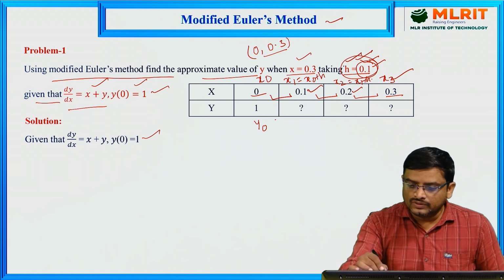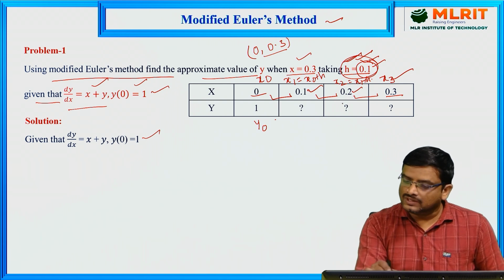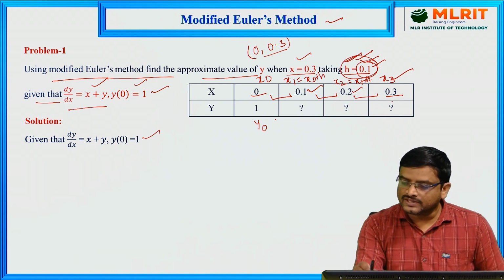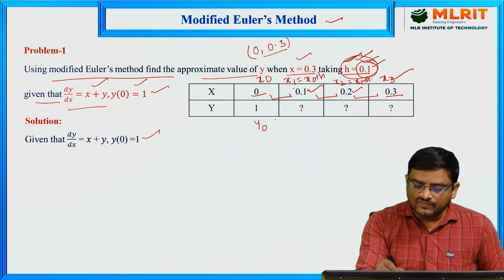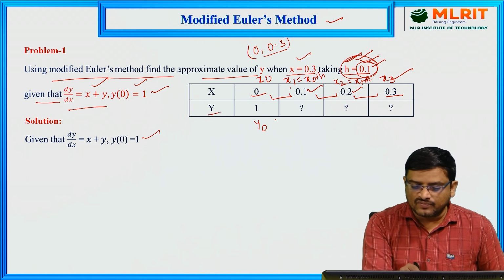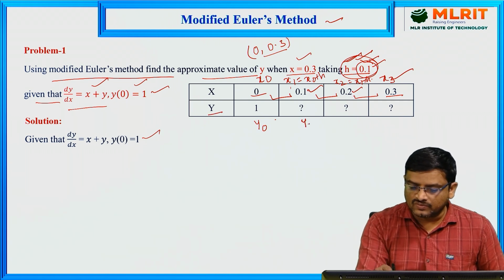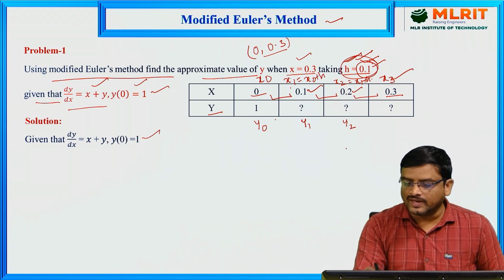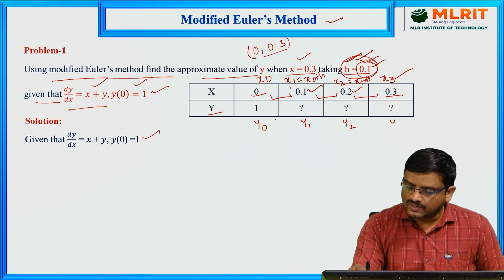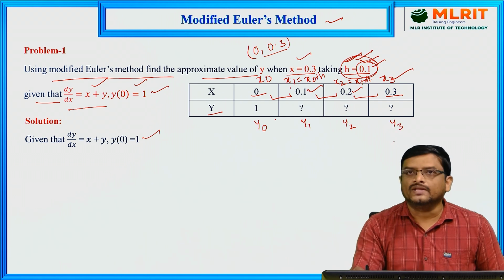So according to this h value, the difference between the values of x must be equal to the h value. Now if you consider this 0.1 as x1, whatever value we get for y, we consider that y value as y1. Similarly for x2, its corresponding y value is represented as y2, and for x3, its corresponding y value is represented as y3.